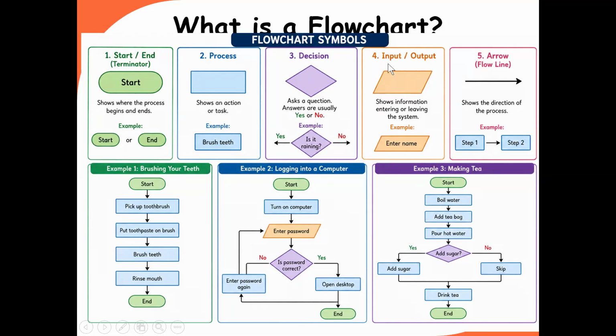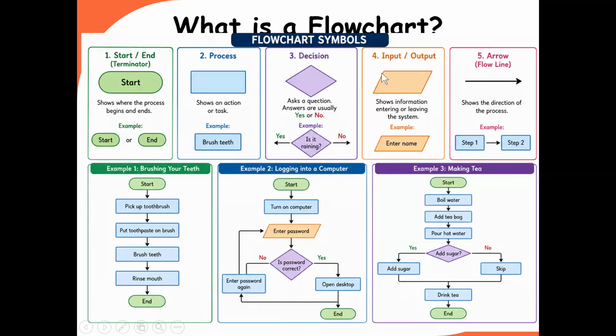And the fourth one is input and output. This is for process also. It shows information entering or leaving the system. Example: enter your name, enter your password, enter your date of birth.